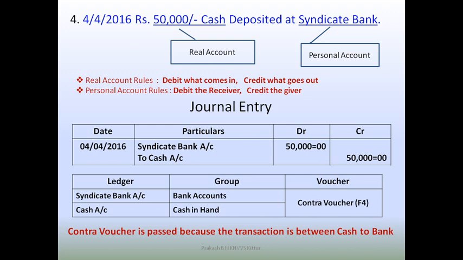The contra voucher is passed because the transaction is between cash and bank. Whenever a transaction is made between cash to bank or bank to cash, or between bank to bank, these all come under contra vouchers. Hence we have to pass the contra voucher.